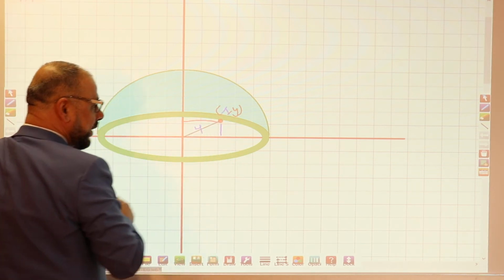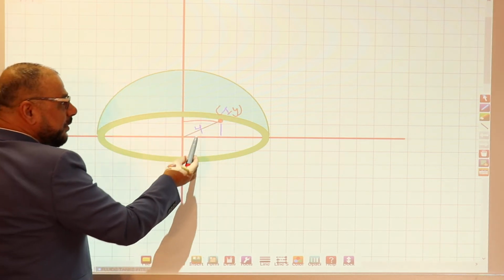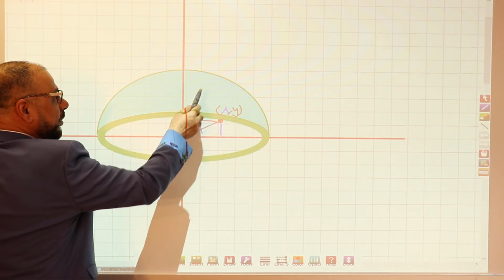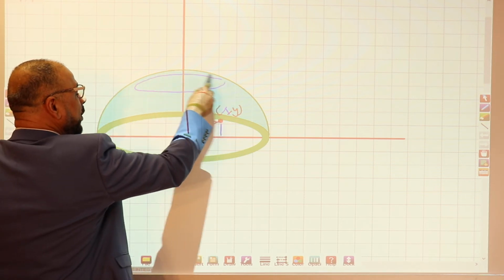This is always what, 4, right, guys? The radius. Now, as you're filling the tank, both x and y are changing, because you're gonna have small circles here.